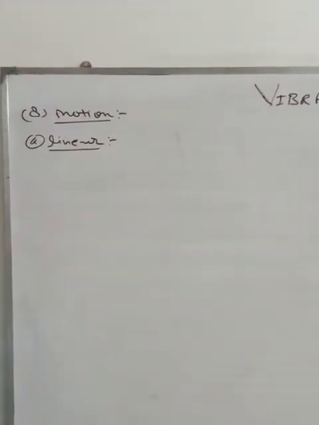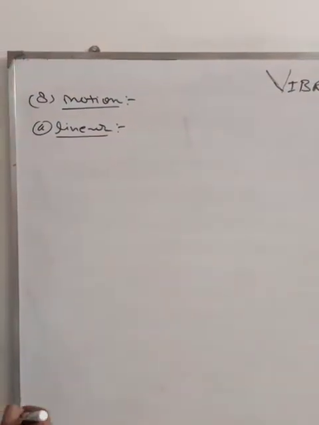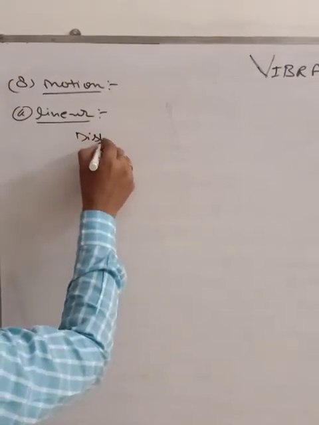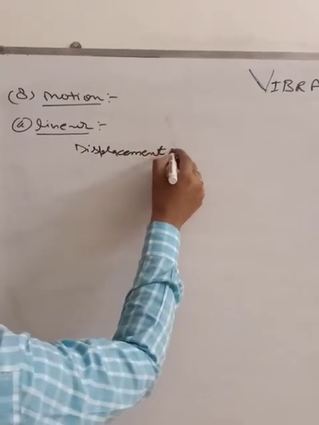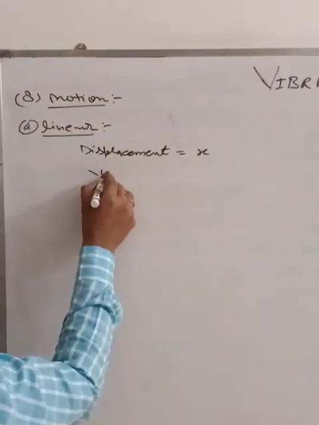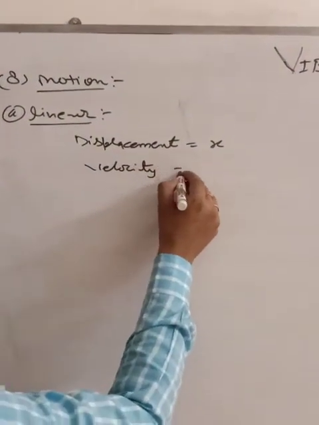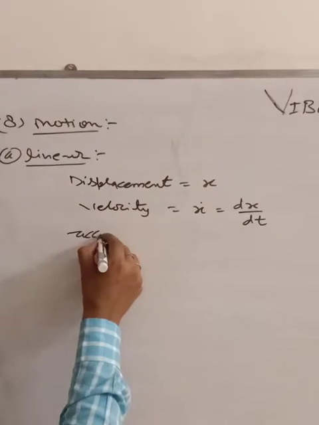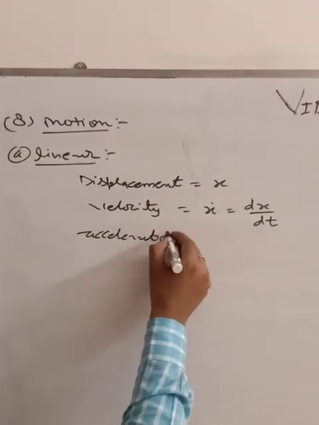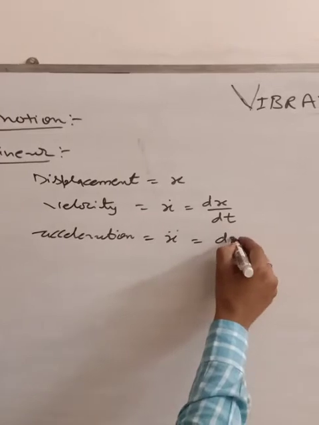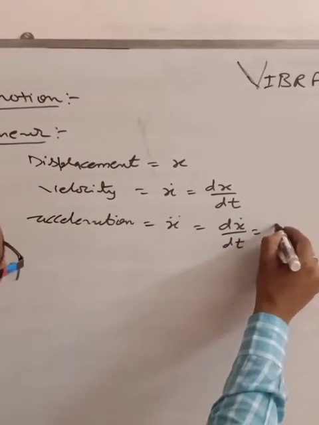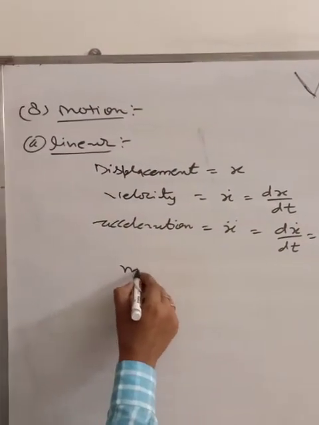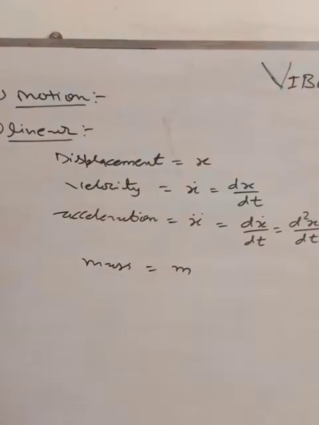If our system has linear motion, displacement is denoted by x, velocity is denoted by x dot, which is dx by dt, and acceleration is denoted by x double dot, dx dot by dt, or the second derivative of displacement, and we consider a mass m.